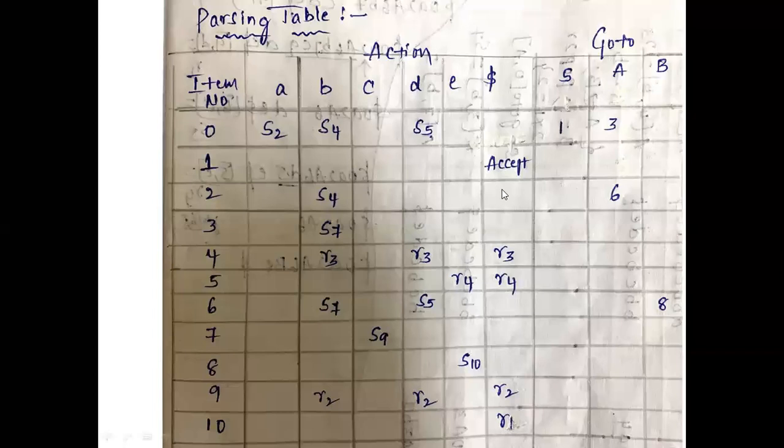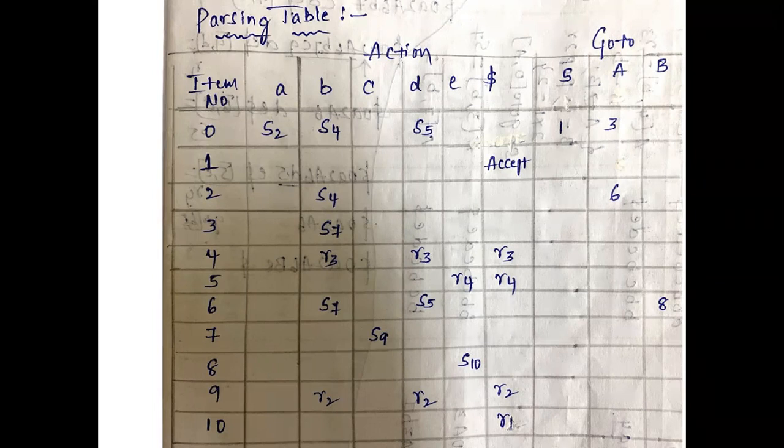This is from the algorithm that we are applying here. Action of one comma dollar is always accept. First fill this entry cell, then go for the next. Then we check the other entries.